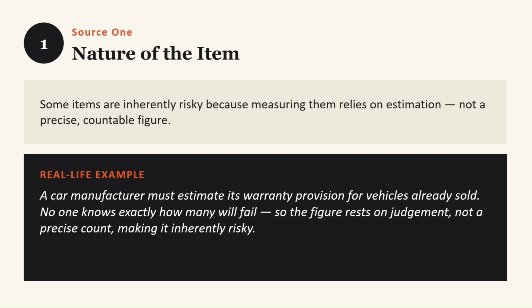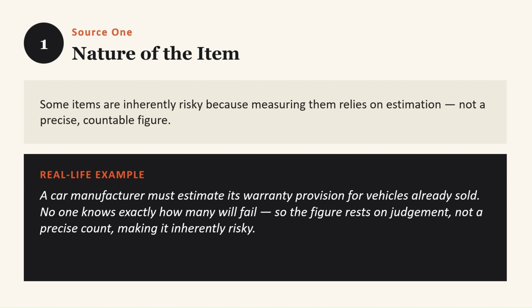Let's look at the first source of inherent risk, the nature of the item itself. Some items carry high risk simply because measuring them relies on estimation rather than being based on a precise countable figure. Whenever judgment is involved, instead of hard verified numbers, the risk of misstatement goes up. Here's a real life example to bring this to life.